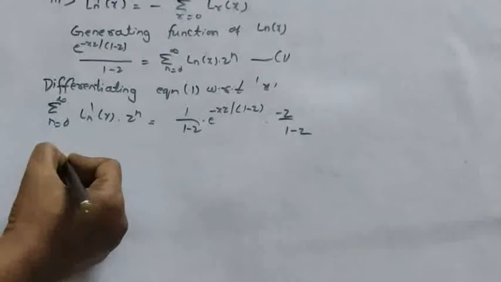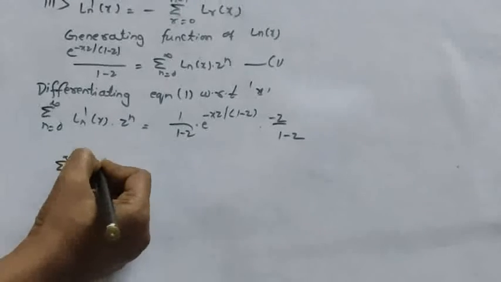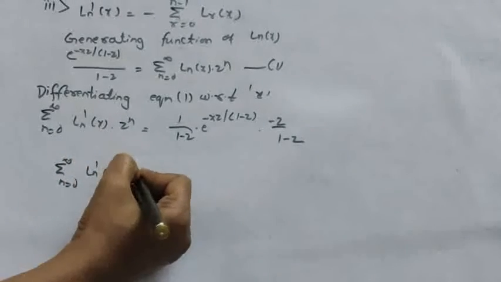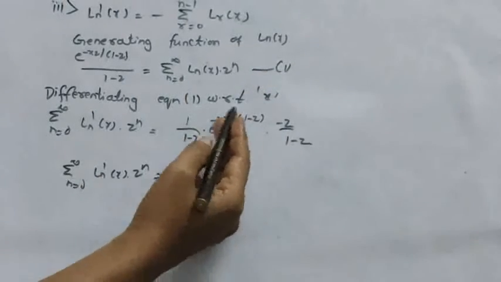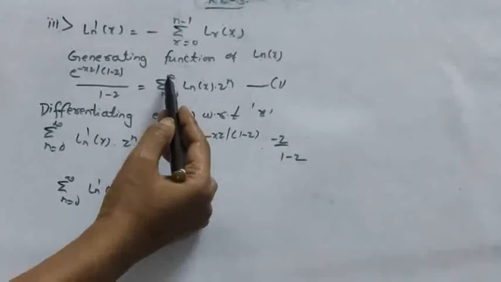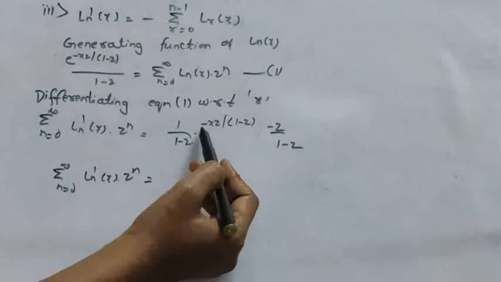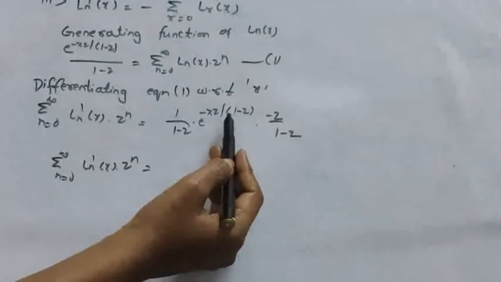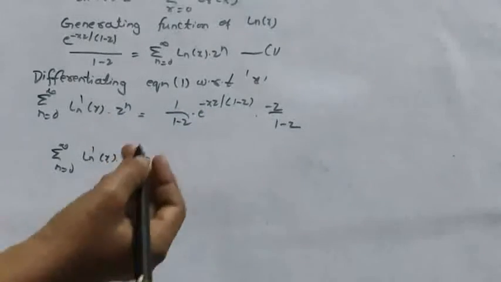Now this term remain like that only, that is summation n is equal to 0 to infinity ln dash of x into z power n. Now this whole term is in the form of n is equal to 0 to infinity. If you consider the limits r is equal to 0 to infinity, you can write it as Lr of x into z power r. So same thing I am going to do here.